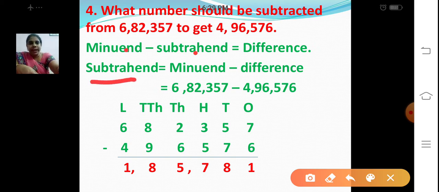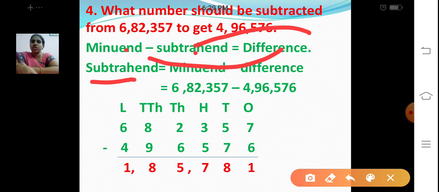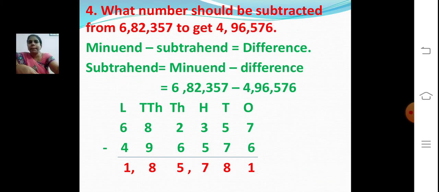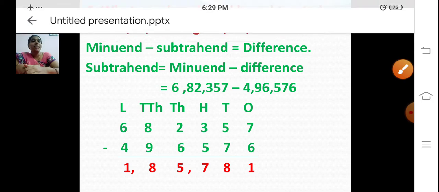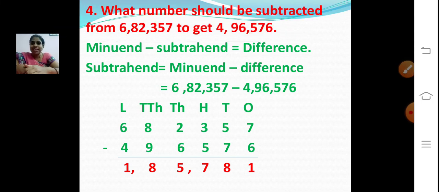So the subtrahend is, this will go this side, minuend minus difference. When you subtract the difference from the minuend, you will get the subtrahend. We saw this in missing digits, right? To find out the subtrahend, we have to subtract the difference from the minuend.